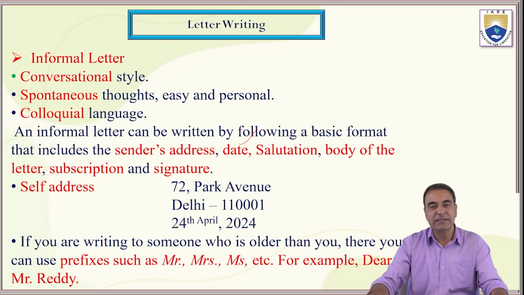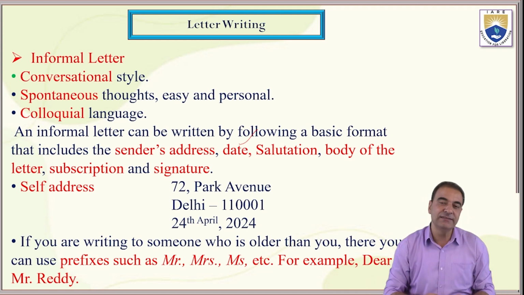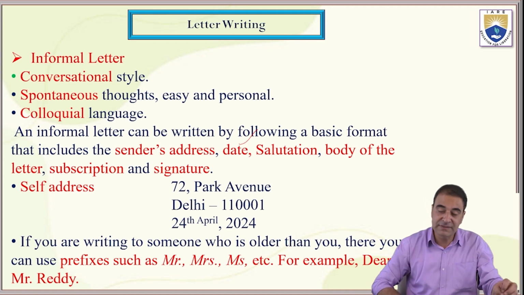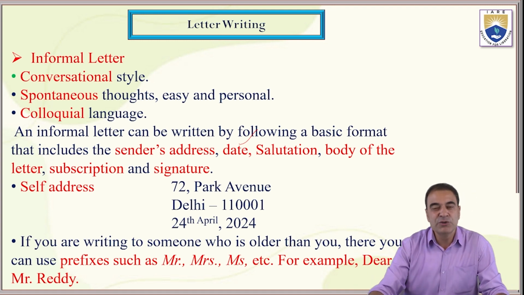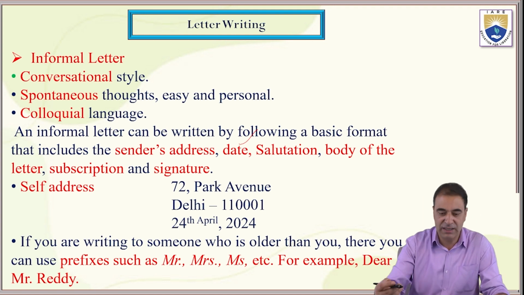Now, we're writing this self-address. You should start your self-address with a small portion or small area with a point. Like here, 72 Park Avenue, Delhi, 24th of April 2024.